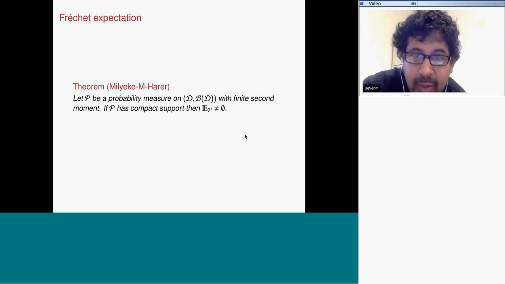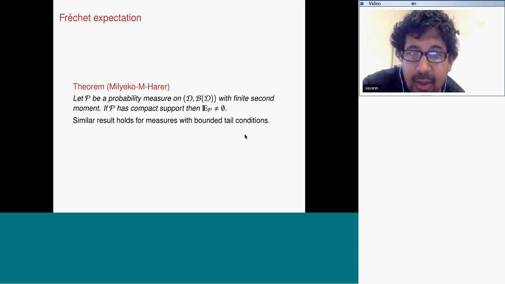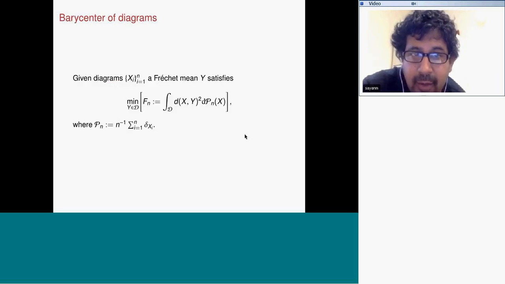You can say that if your probability measure behaves reasonably, with finite second moments, then the mean exists, and again the same with bounded conditions. And then you can start asking questions: do we have concentration? Do we have a law of large numbers?